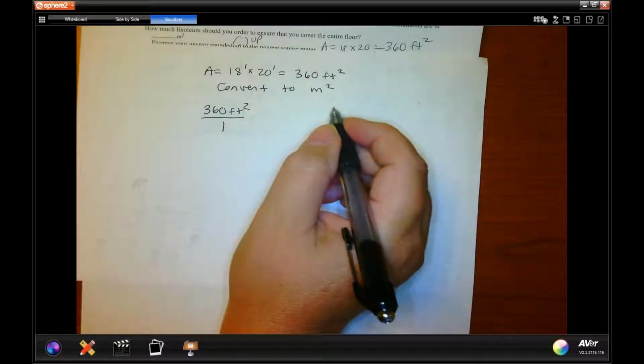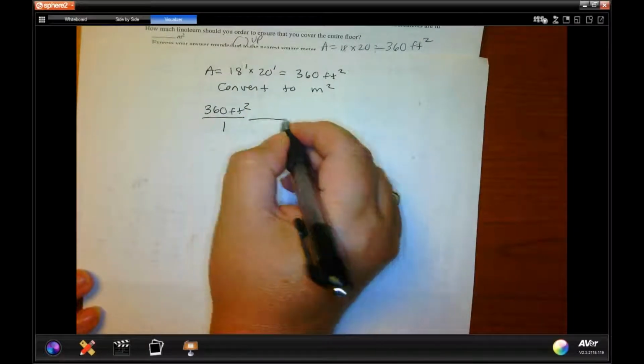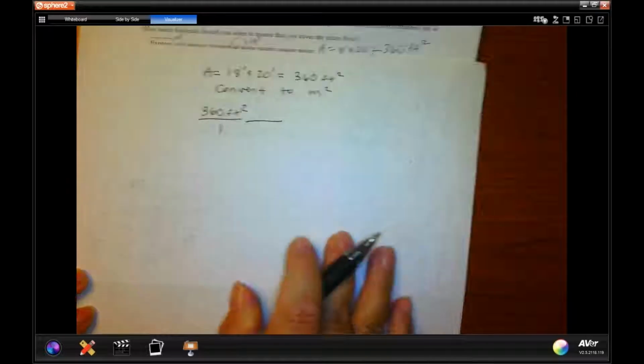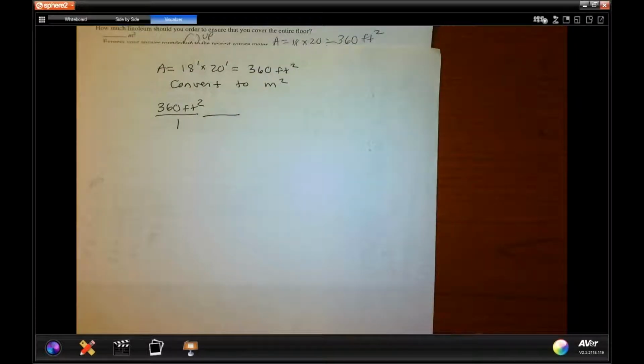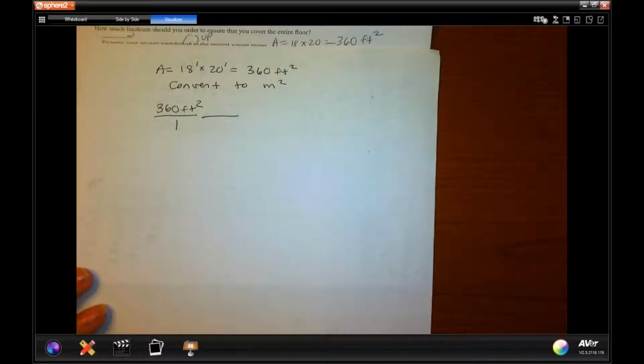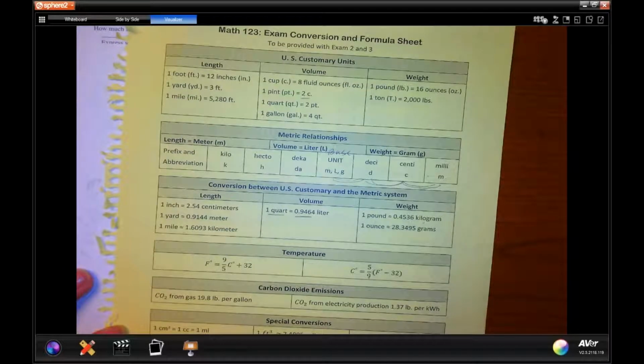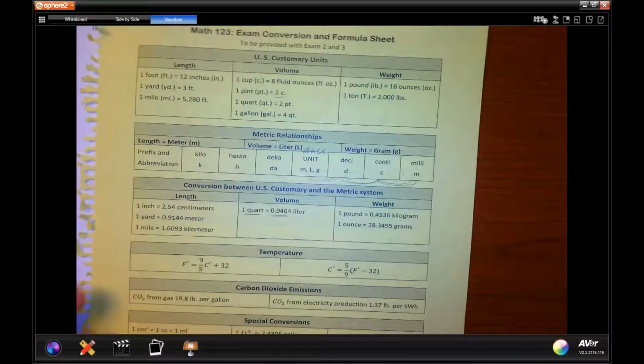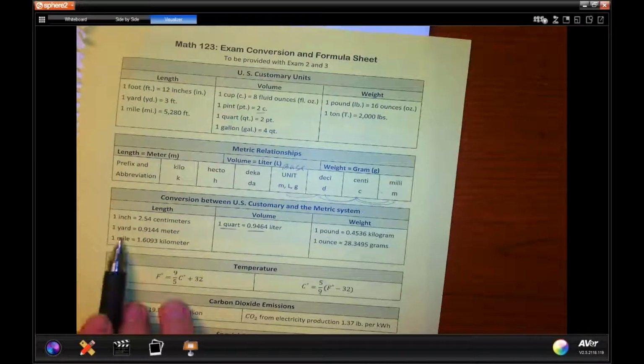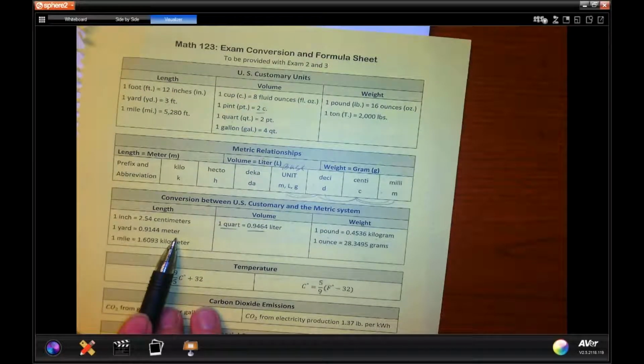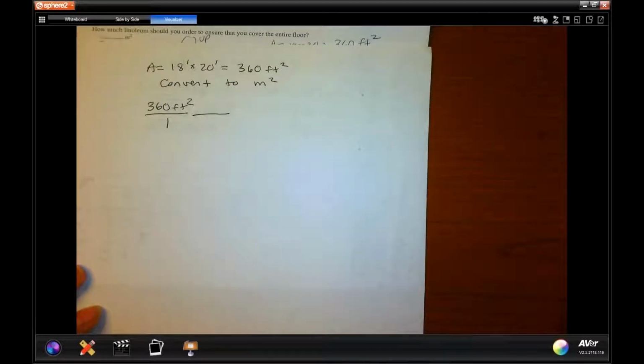It's not per anything, so we're converting feet squared to meters squared. This is a very important concept. You're going to have many questions where we don't have a conversion, feet squared to meters squared. So we only have yards to meters, not squared anything. So we're going to have to do several steps here.